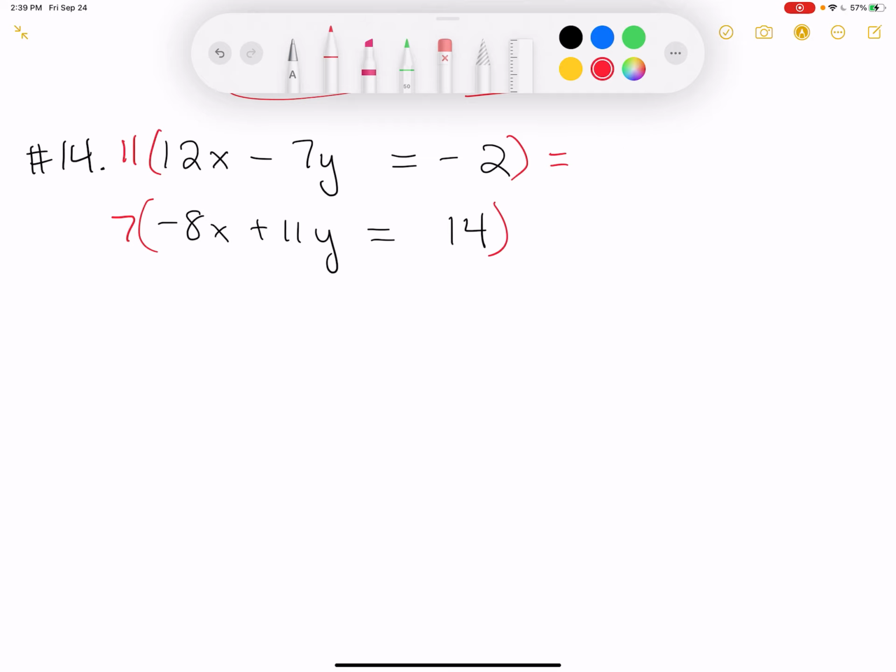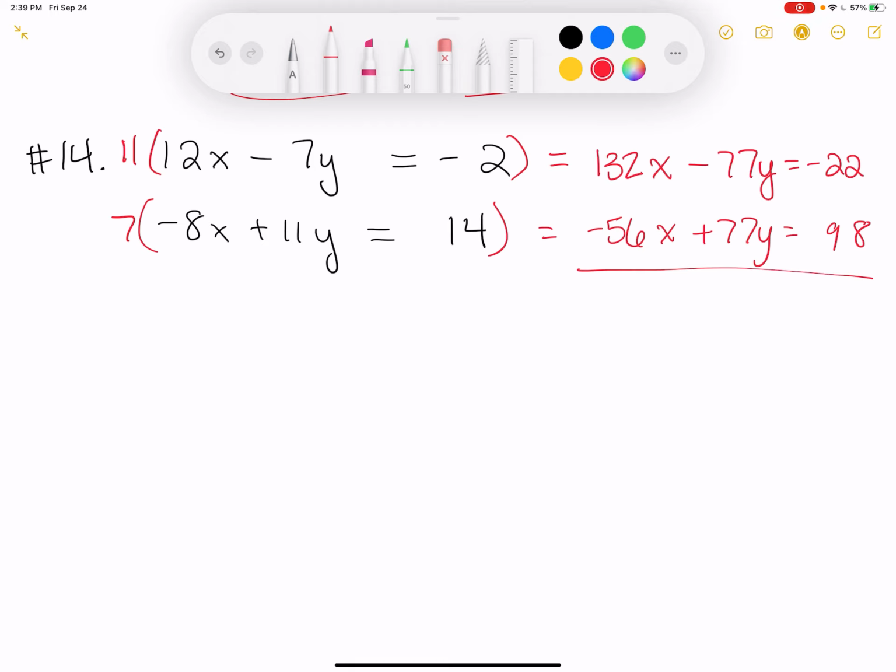Yeah, I was going to say that's not right. I got the answer. And then negative 56x plus 77y is equal to 14. 98. How'd you do this? This guy may have missed a whole 10.